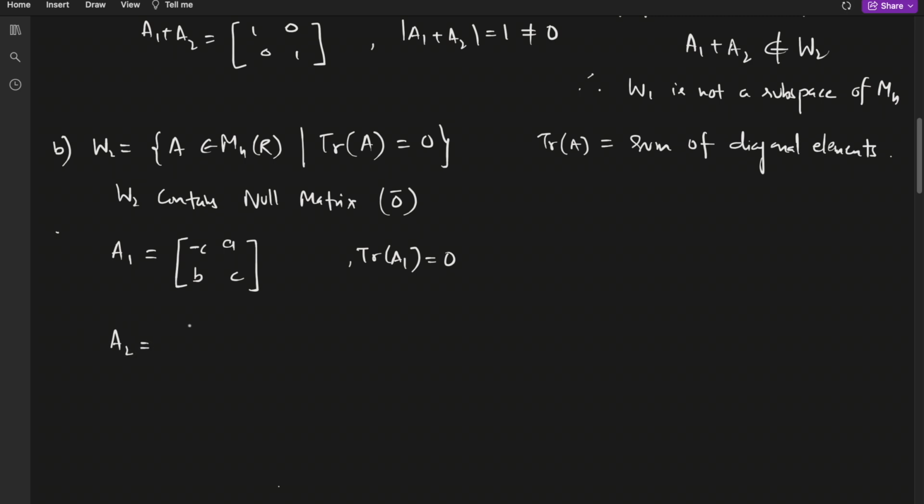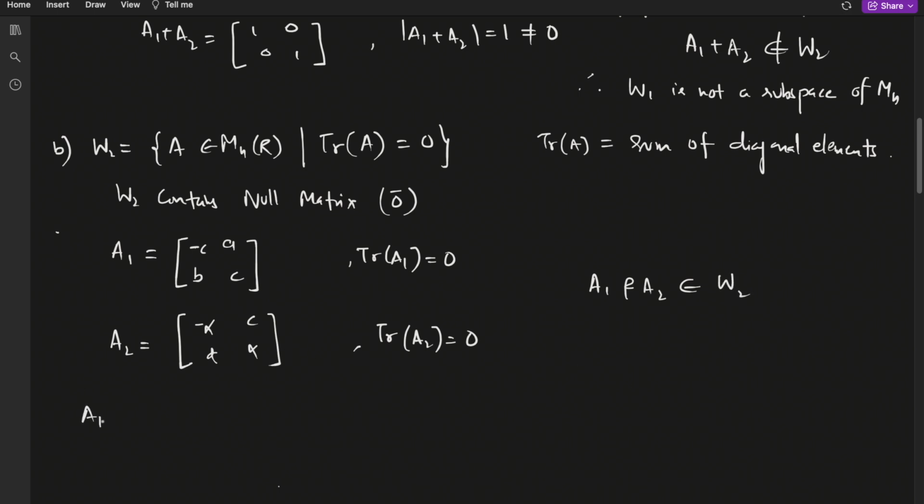Let us suppose I take another matrix with minus alpha and alpha on the diagonal, and C and D, something like that. So the trace of A2 is also 0, right? So we can say that both A1 and A2 belong to W2. This is fine.